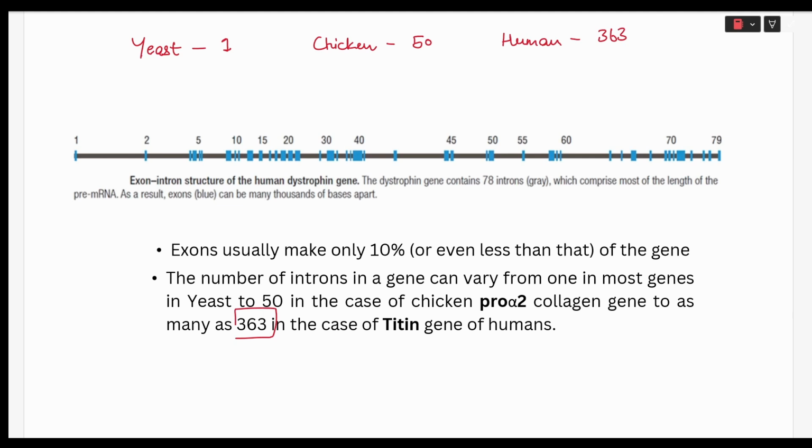It can contain up to 363 introns in one gene. So, again, as you can see, the number is variable, but usually, the higher the complexity of an organism, the higher the number of introns. It also depends on the complexity of the protein, right?